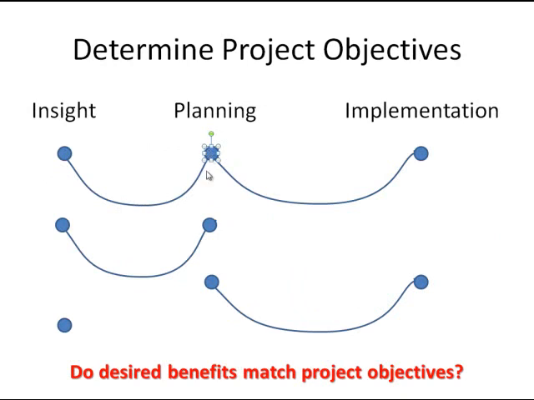Then you're ready to work with them and move to the next level into planning. So once you've established the problem, you're working together to determine what a solution would look like. What would a plan look like? Once you've determined what the plan would look like, then you're ready to move into implementation. Each step requires specific sales goals and sales skills. With insight, you're building the aha moments for a customer.